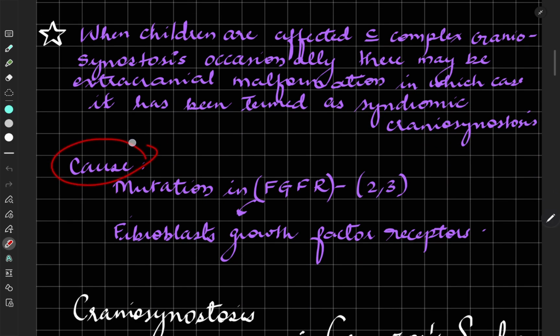Now what is the cause of syndromic craniosynostosis? It is the mutation in the FGFR gene, that is FGFR2 and FGFR3. What is FGFR? It is fibroblast growth factor receptor. So there is mutation in the genes FGFR2 and FGFR3, which causes syndromic craniosynostosis.